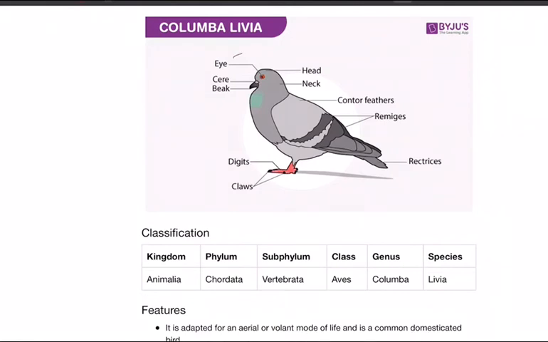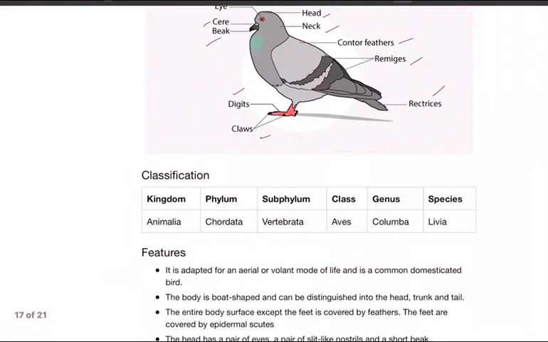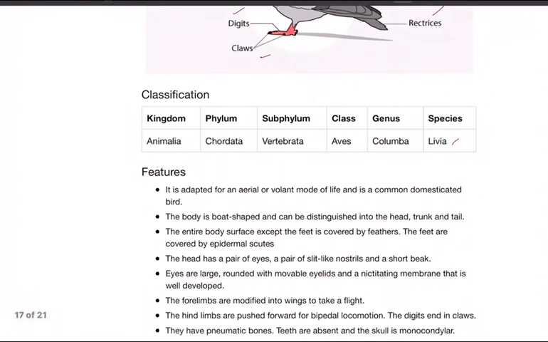Next, we go to the pigeon, a very common animal which you must have spotted, called Columba livia. Label: eye, cere, beak, head, neck, contour feathers, remiges, rectrices, digits, and of course claws. Classification: kingdom Animalia, phylum Chordata, subphylum Vertebrata, class Aves, genus Columba, species livia.